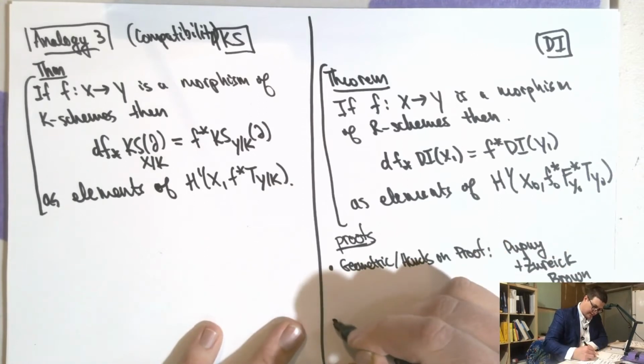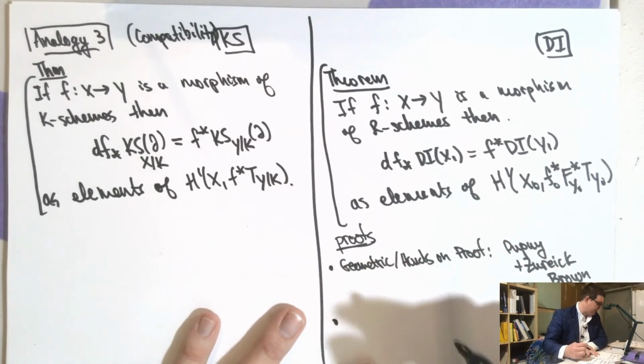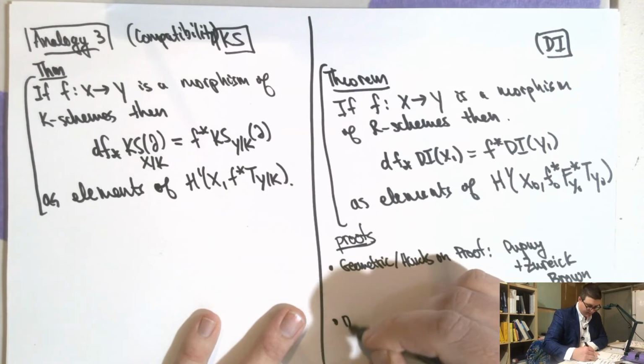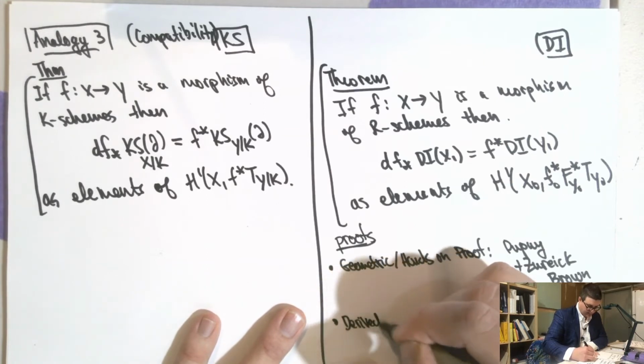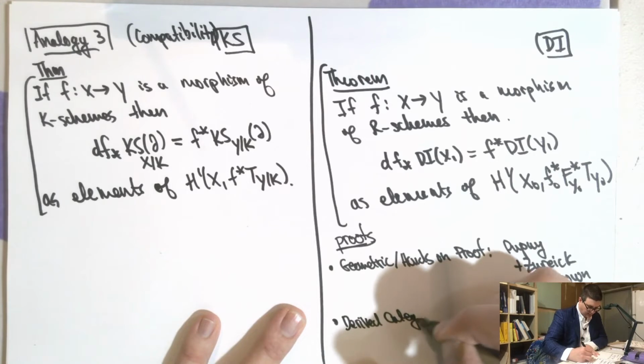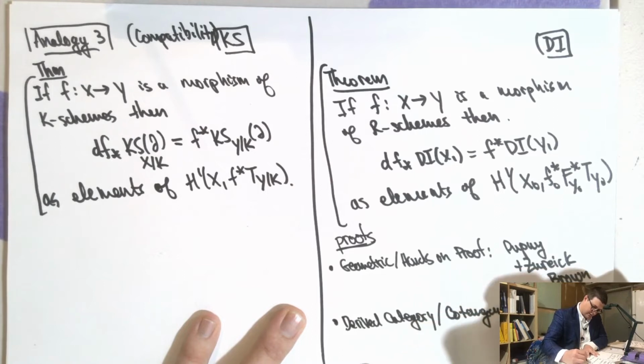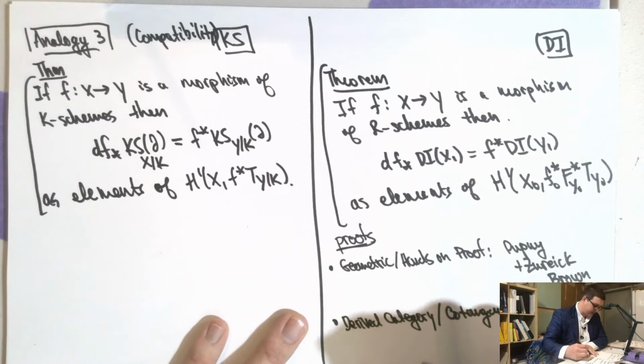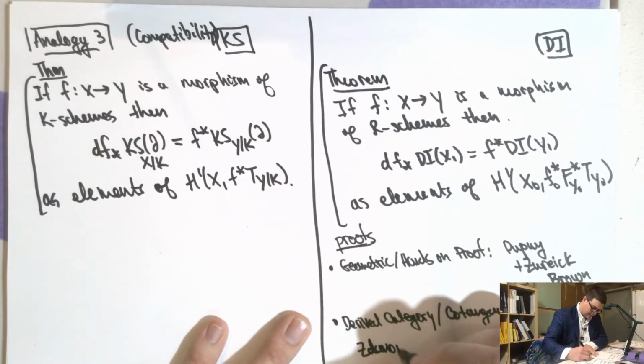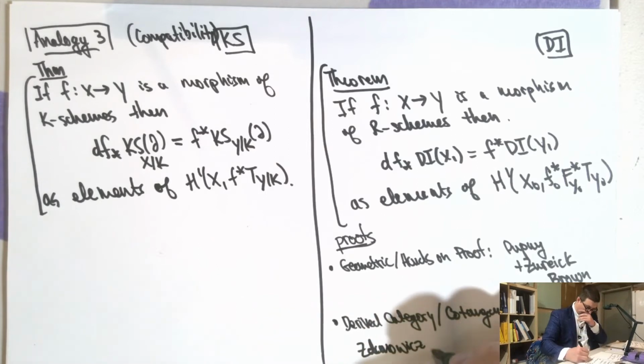And then there is a derived category proof, a cotangent complex proof. Okay, and this is Zdanowicz, who's a student of Piotr Oettinger.